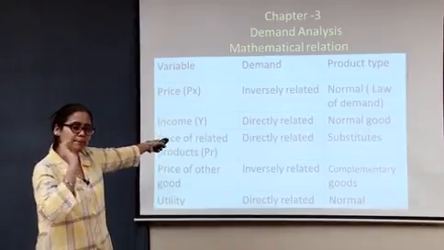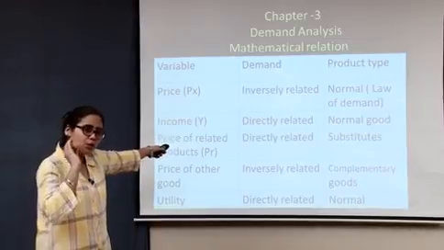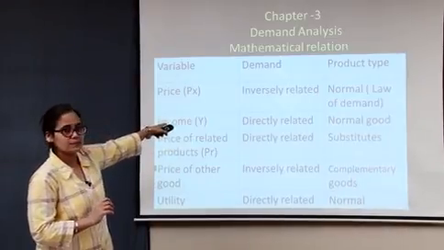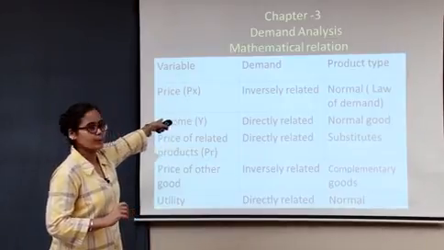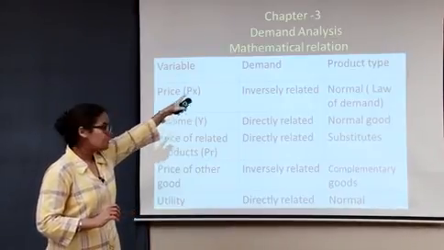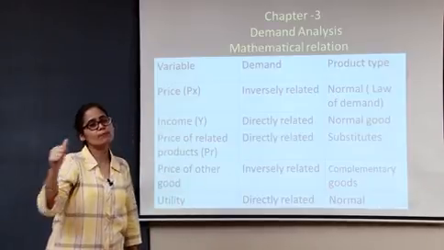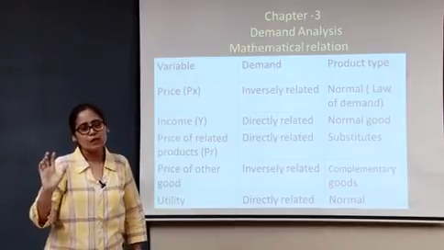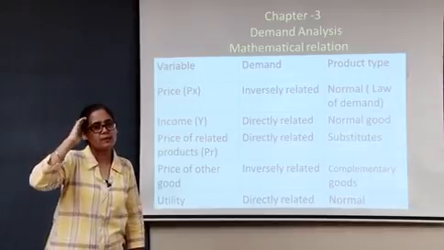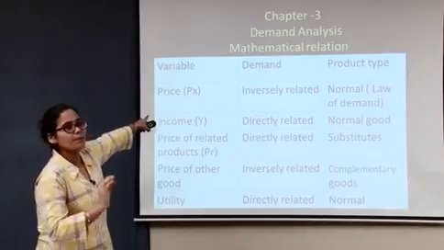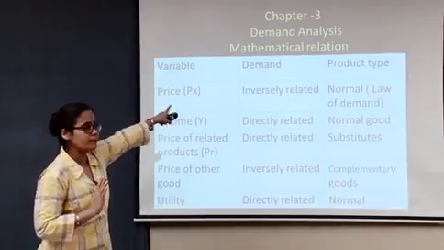Just remember this. When you are only explaining the relation between the price of a product and the demand of the same product in the form of a graph, then that is called movement along the graph. So remember the word movement along the graph is related with price, the first variable.